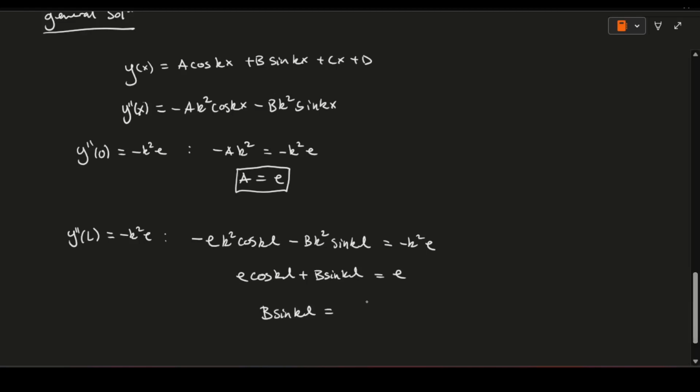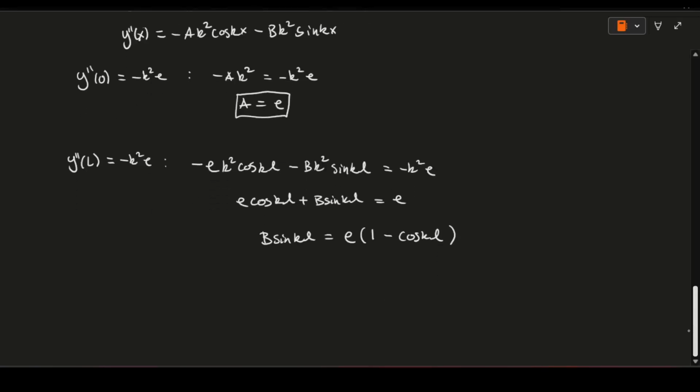That's equal to, if you factor out the E, 1 minus cosine kL. So B becomes E times 1 minus cosine kL over sine kL.